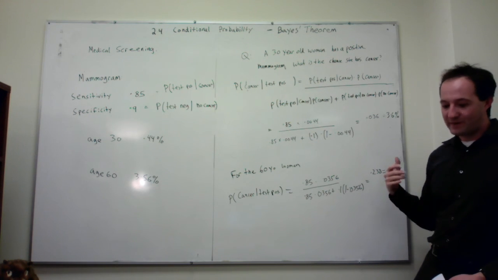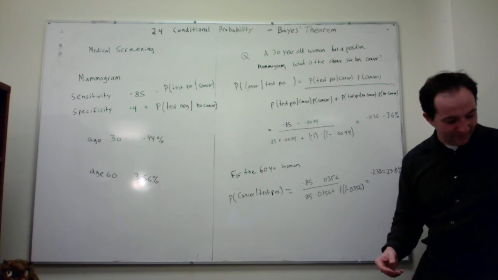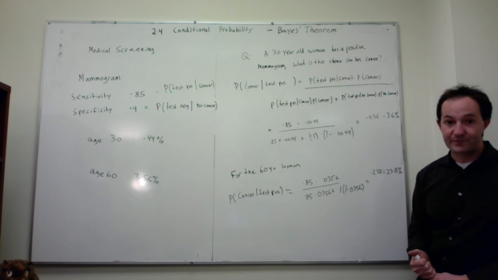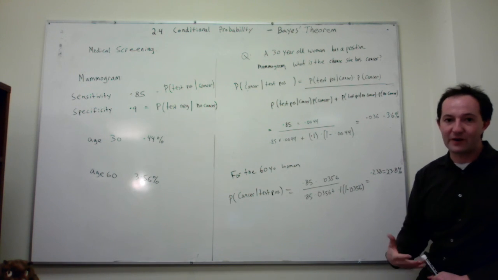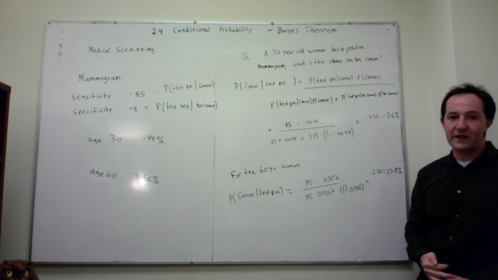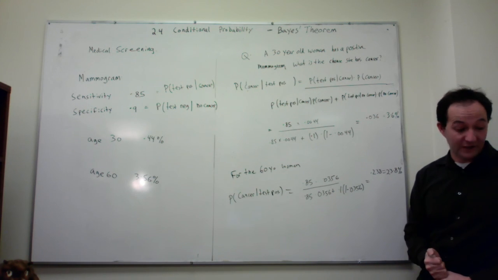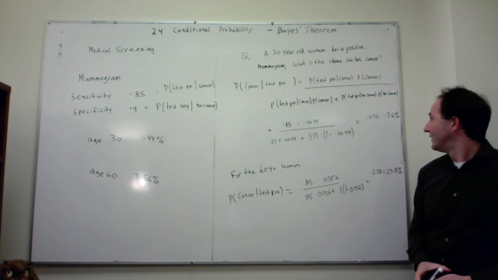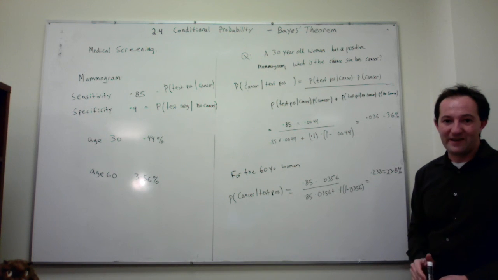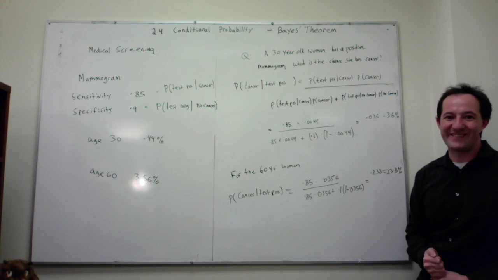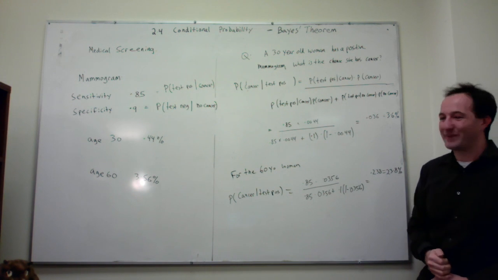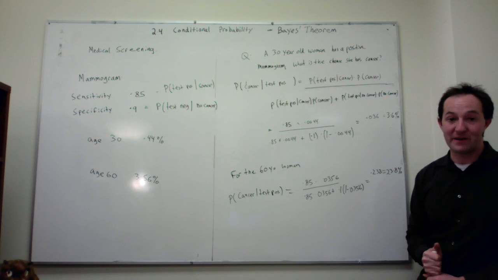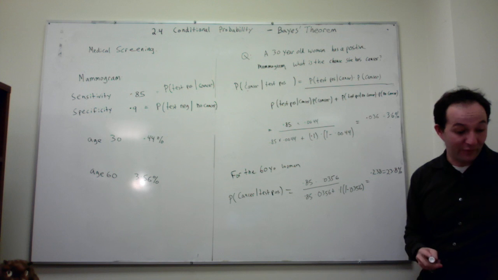So there's obviously a lot more to it than just this, but this is an illustration of part of the kind of reasoning that goes into thinking about whether or not broad-based screening for a particular disease is appropriate. Obviously, that's a larger public health, public policy question, but this is the kind of mathematics that you can use to inform that.